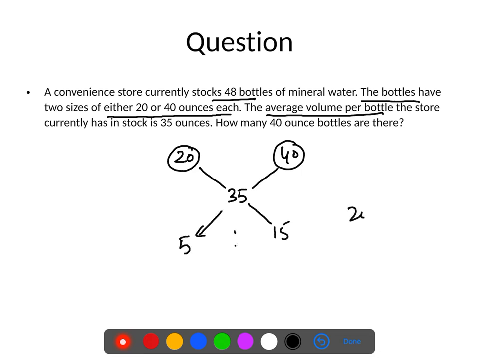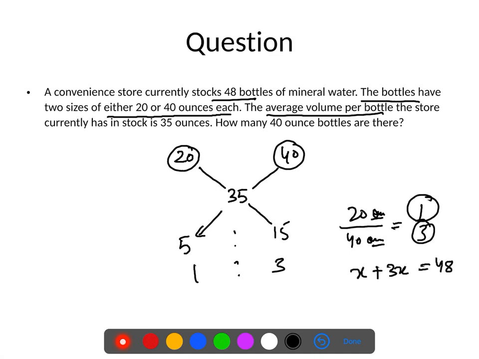So 20 ounce bottles upon 40 ounce bottles, the ratio is 1 is to 3. So let's say this is x, this is 3x. So x plus 3x is given as 48. So 12 plus 36. That's the number we need.